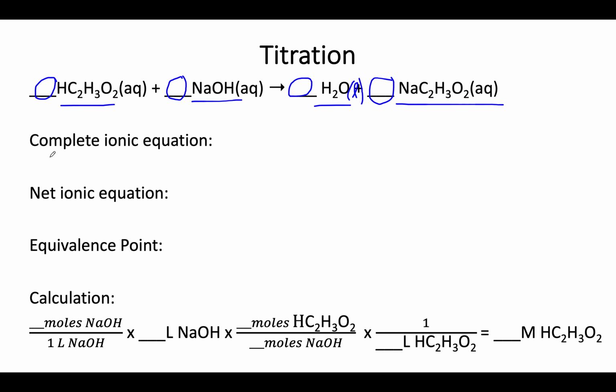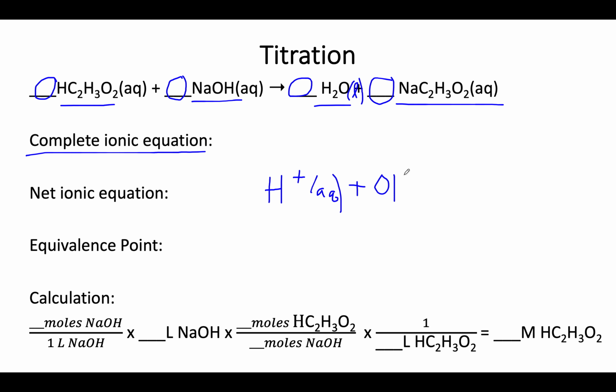And this is old chemistry. You can go through and do the complete ionic equation. This forms H+, this forms acetate, and write out all the complete ionic equation. And we actually did this in the experiment. The net ionic equation comes out to be H+ plus OH- gives us our water.